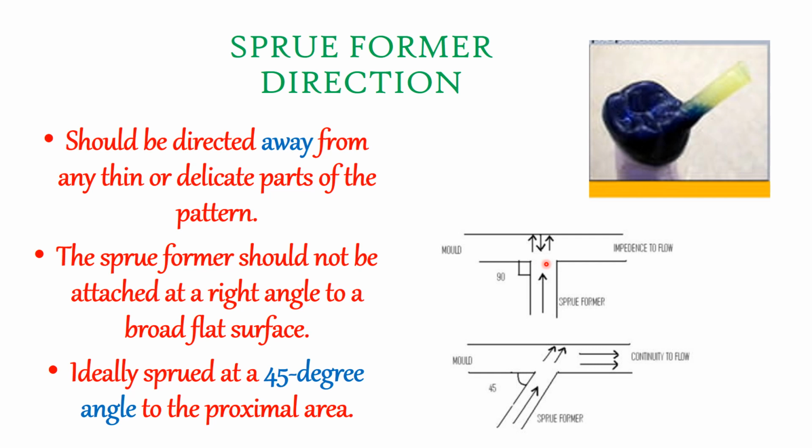There will be a lot of turbulence there. It should always be sprued at an angle of 45 degrees to the proximal area. In this figure you can see it is at an angle of 45 degrees. If this angle is 45 degrees, then the flow of the molten metal will be very easy. And if it is at a 90 degree angle, then there will be turbulence and impedance to flow.